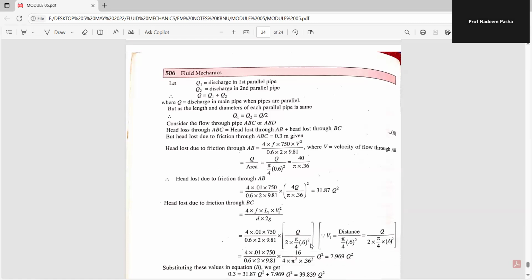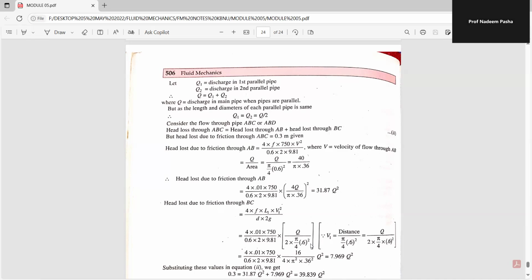Now the head loss due to friction through BC is given by 4 into F into L1 V1 square divided by D into 2G. So 4 into F is 0.01, into L1 is 750, divided by 0.6 into 2 into 9.81, with V1 equal to Q divided by 2 into pi by 4 into 0.6 square.